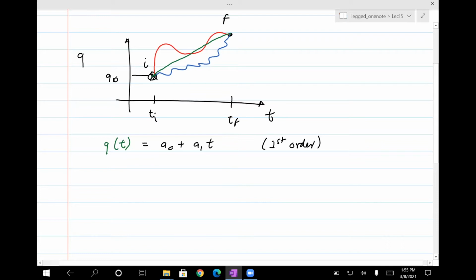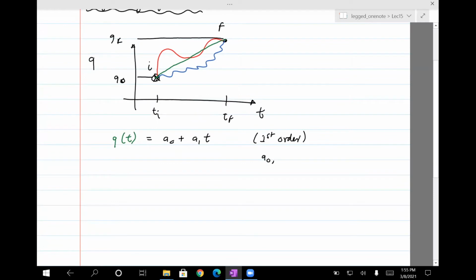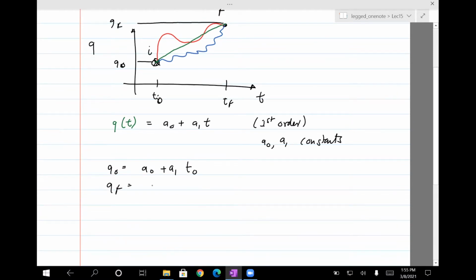Let's call this point q0 and this point qf. To find these constants, a0 and a1, we substitute these values. So we put q0 equals a0 plus a1 t0, and then qf equals a0 plus a1 tf.